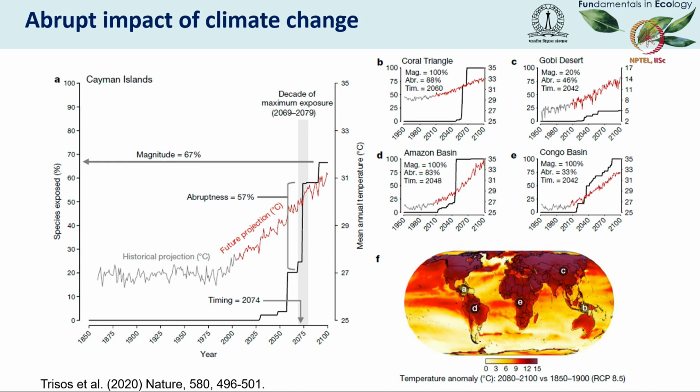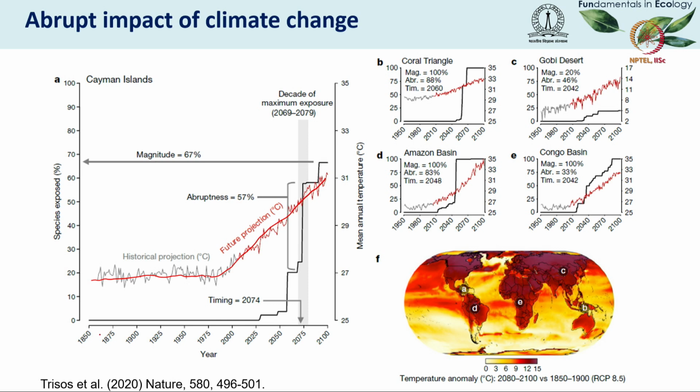Here are some abrupt, this is modeled, this is predicted ways in which all the organisms within an ecosystem might respond to climate change. So you've got, for example, change in temperature historically, and then how that is going to change in the future, and you're asking what percentage of species in this habitat are exposed to temperatures that are no longer something they can physiologically tolerate.